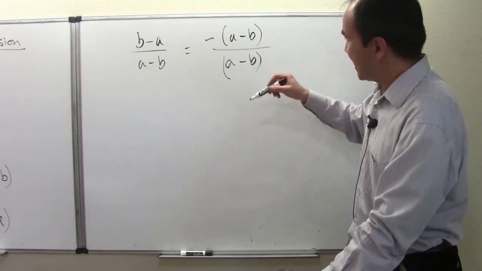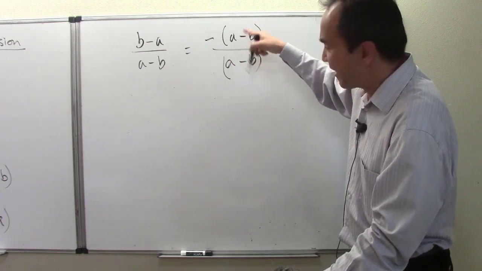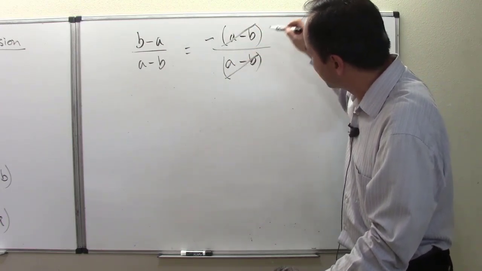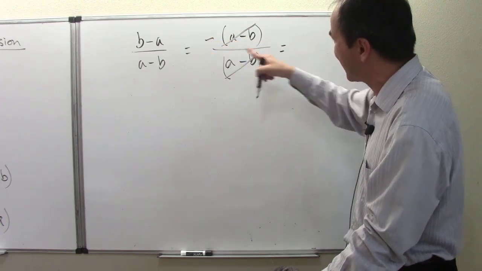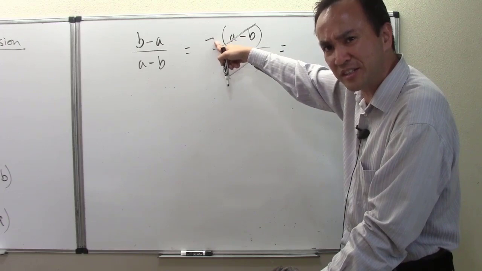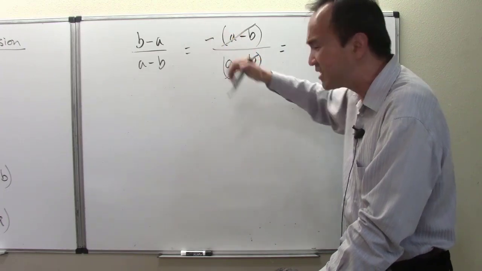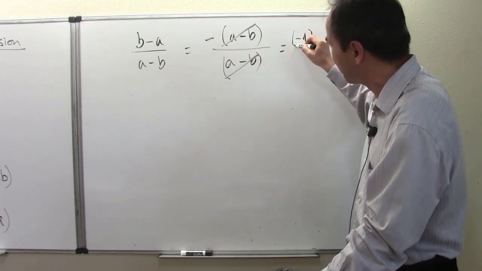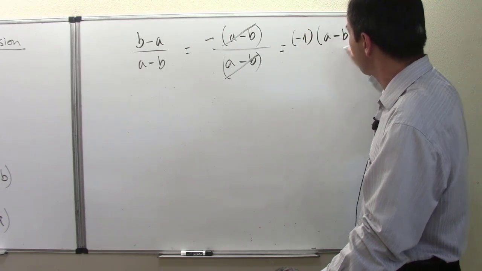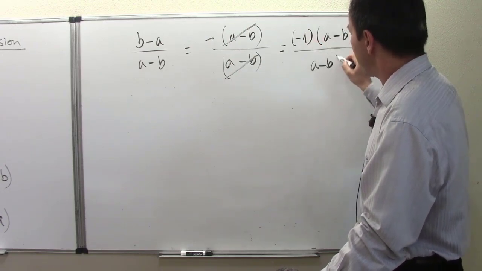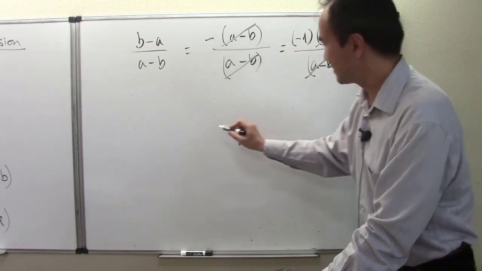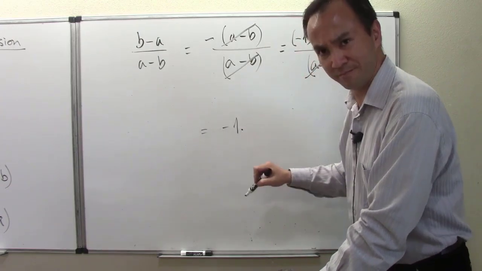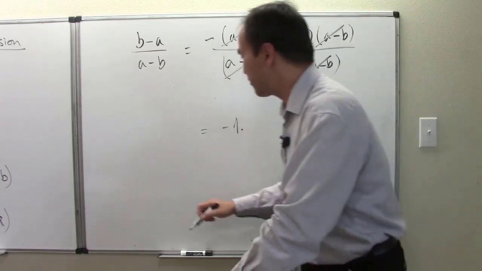So now we have clearly the common factor. Having the negative sign in front of a factor really means the same as a negative 1 factor multiplied with a minus b over a minus b. And once we cancel away that common factor, it leaves behind just negative 1. That's why.